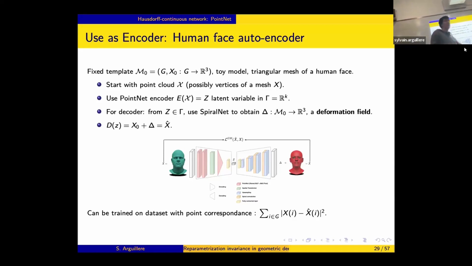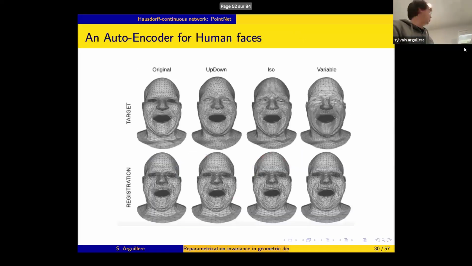You can also train it if you own a data set on which you have full correspondence, and because your encoder is still automatically robust to remeshing, you still obtain results. So this is the kind of result you can obtain.